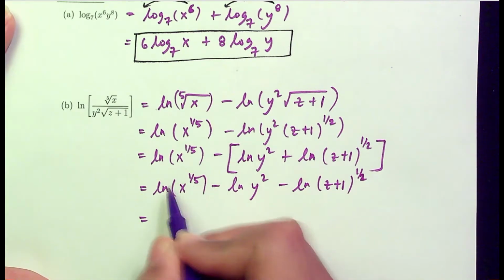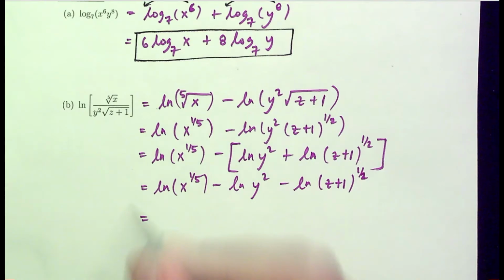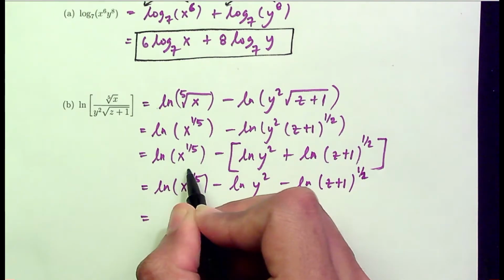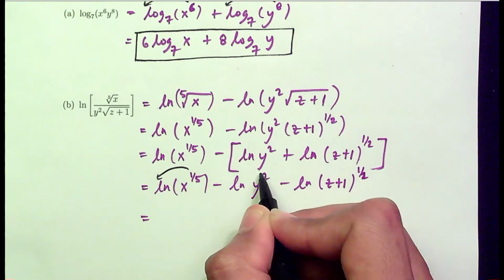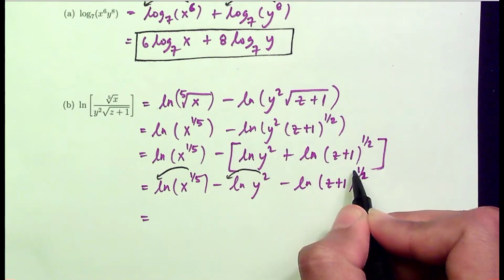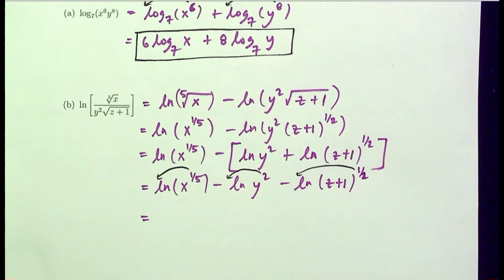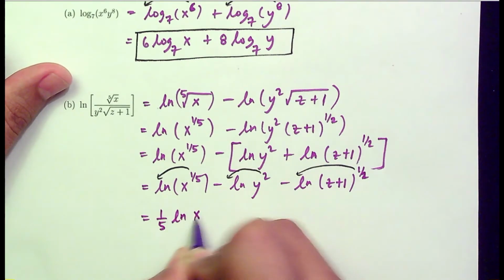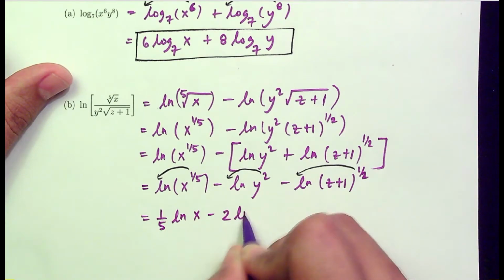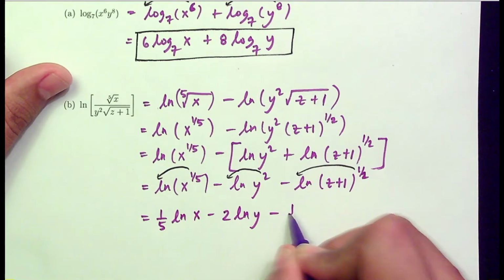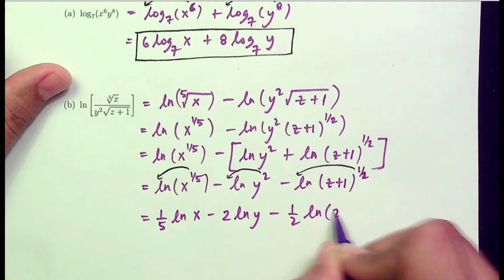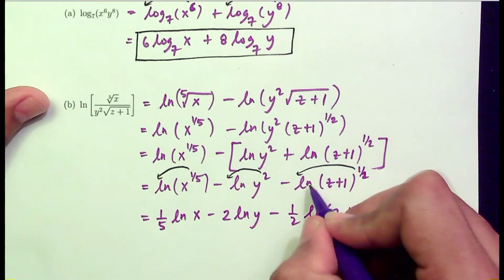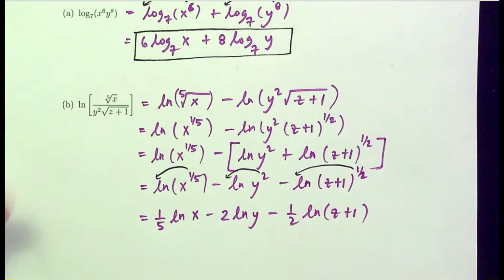So now we're going to move that 1/5 to the front. We're going to move that square to the front, and we're going to move this 1/2 to the front. So it's going to end up being 1/5 ln of x minus 2 ln of y minus 1/2 ln of z plus 1.